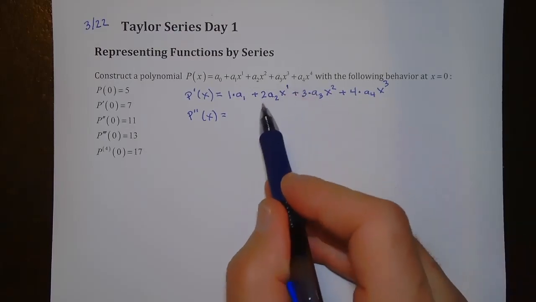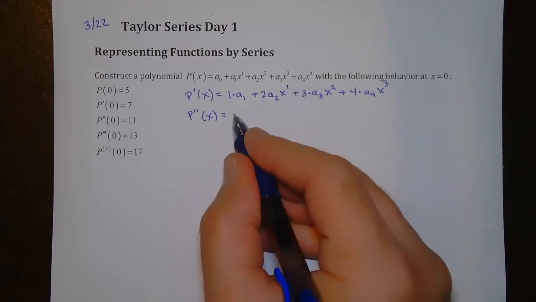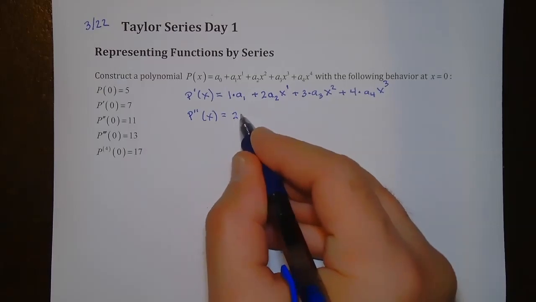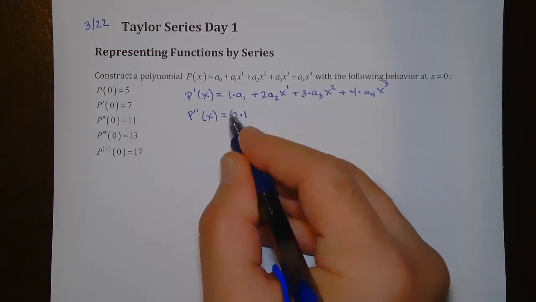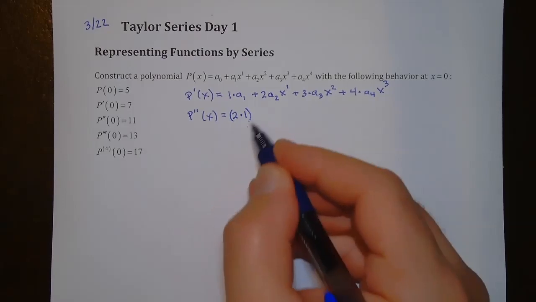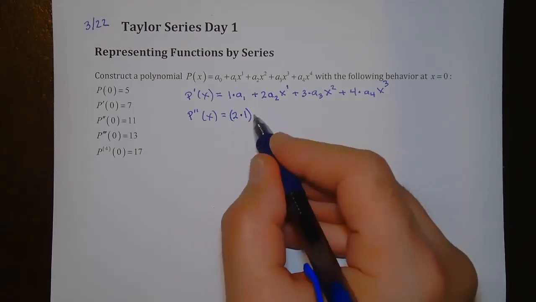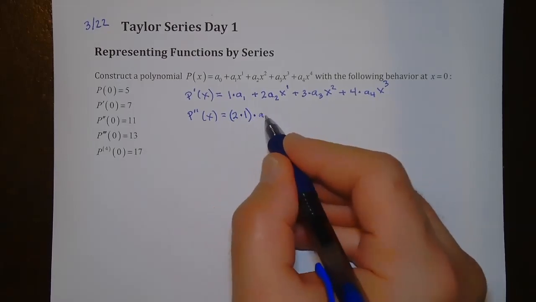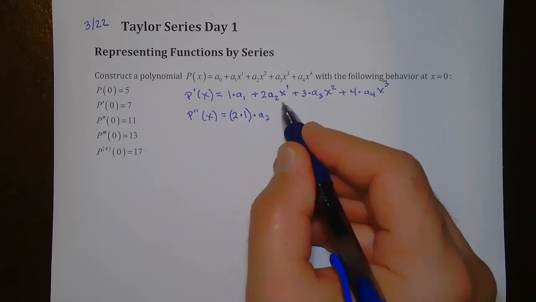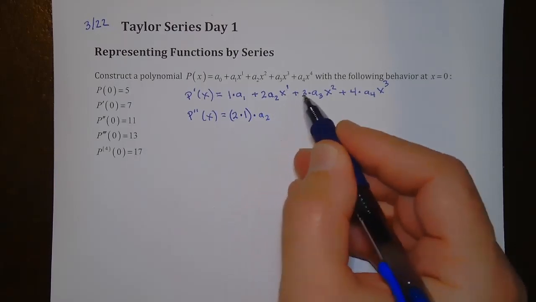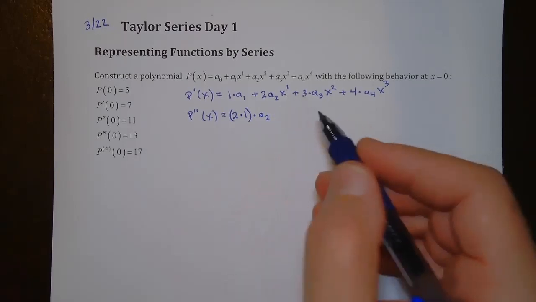So I'm going to bring this power that's 1 right here. Actually, I'm going to go ahead and write 1 right here. I'm going to bring that power down, and this one's going to be 2 times 1, and I'm actually going to put parentheses around that. You wouldn't have to, okay? And then times a sub 2, and then this one would become x to the 0, and we're not going to bother with that one because it'd just be 1, okay?